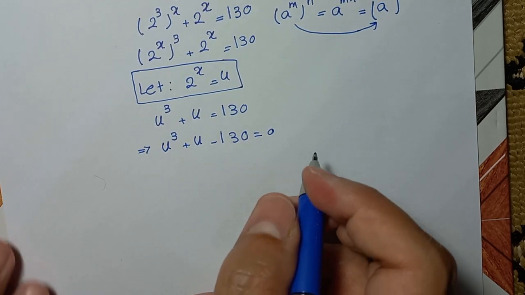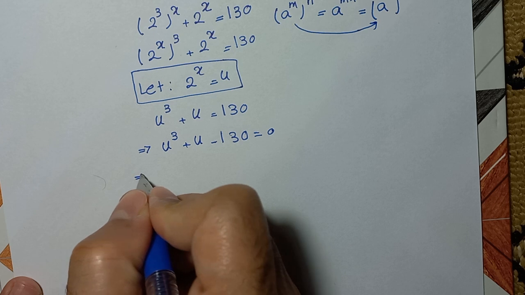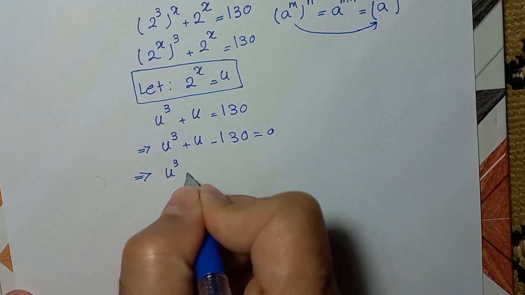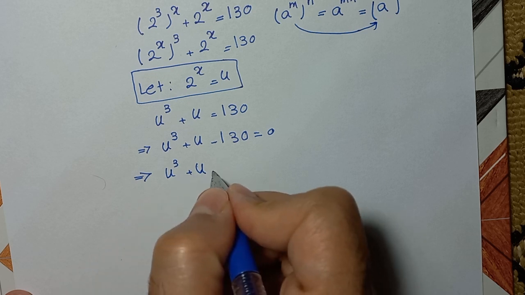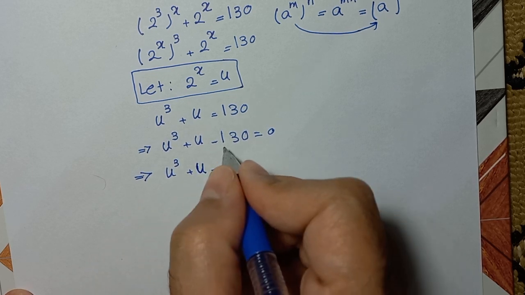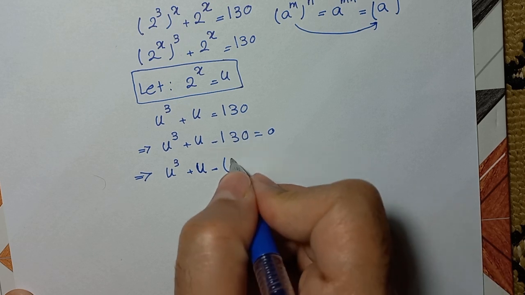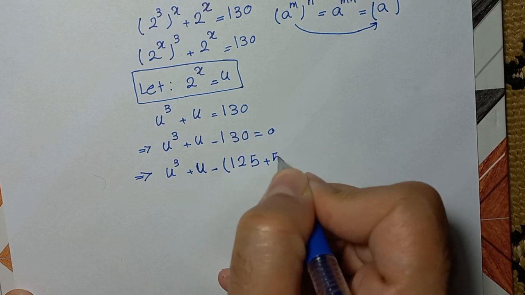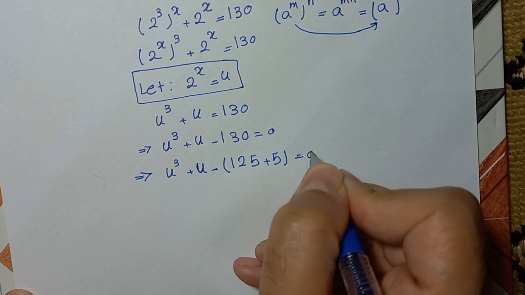And in next step, we can write u cube plus u, and in here we can write this 130 as 125 plus 5 is equals to 0.